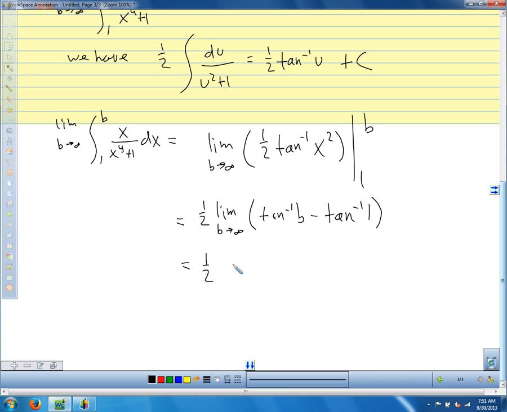So as b approaches infinity, the inverse tangent approaches what? Inverse tangent is an angle. So what angle gives me a tangent of infinity? Pi over 2.